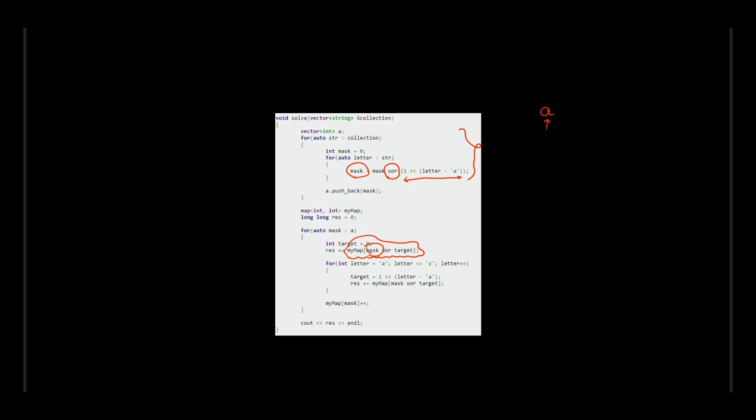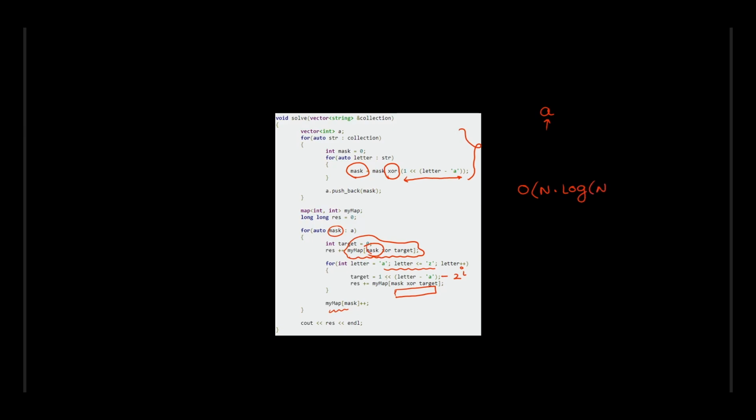And once you are done with that, you iterate over all the 2 to the power 26 possibilities, and you figure out your target, which is nothing but 2 to the power i, and you look for aj XOR 2 to the power i in your map, and then you increment your count, because you have seen one mask with this value. So in this manner, we were able to solve the problem in O of n log n.